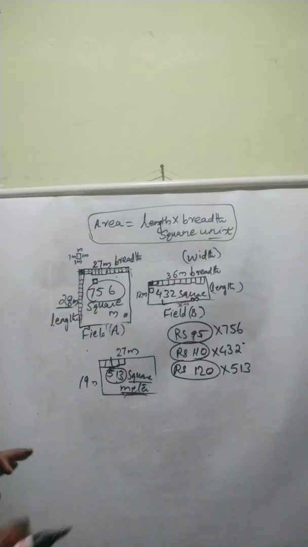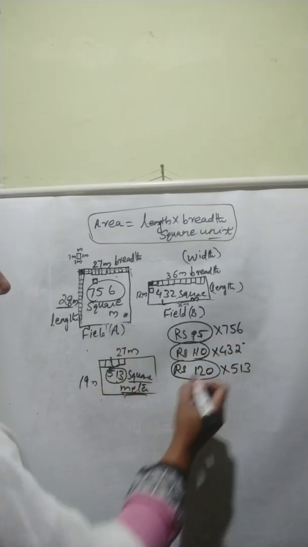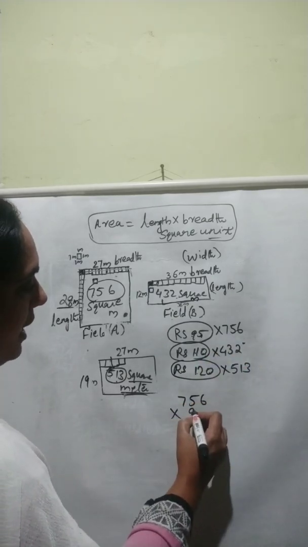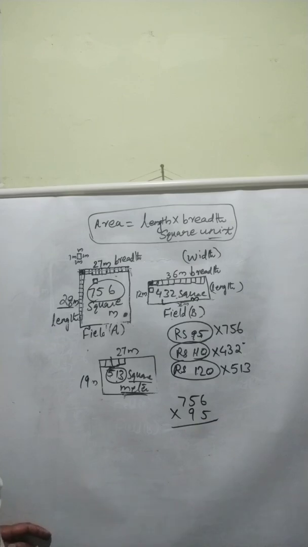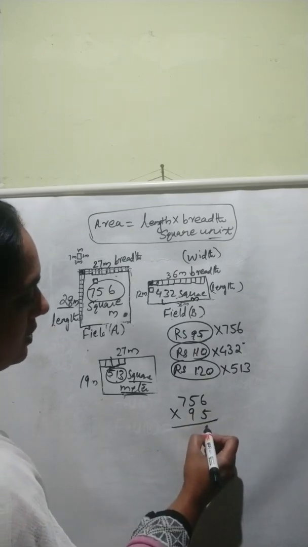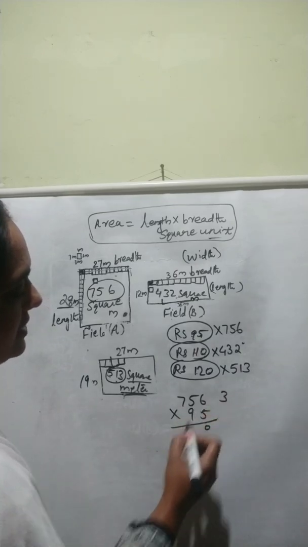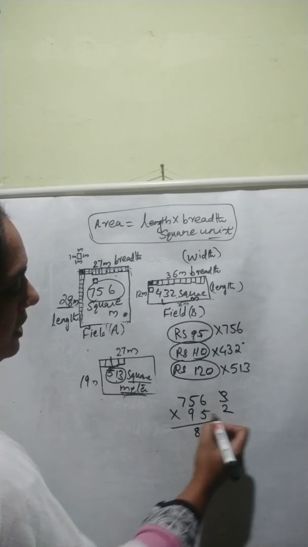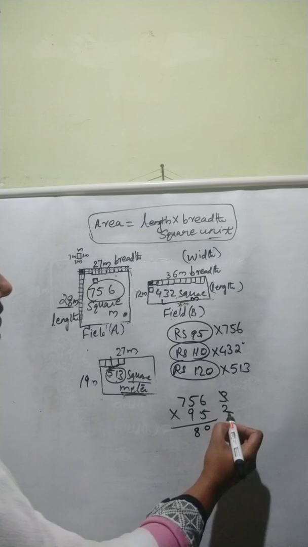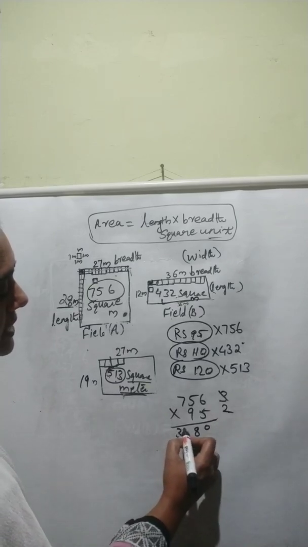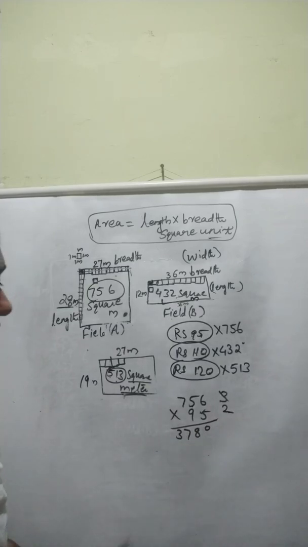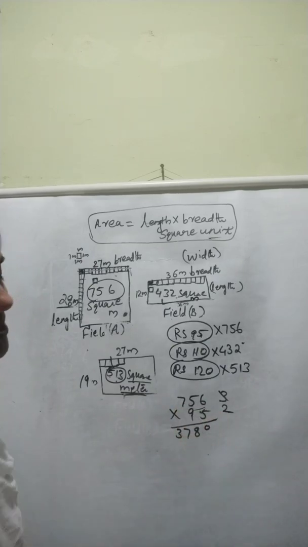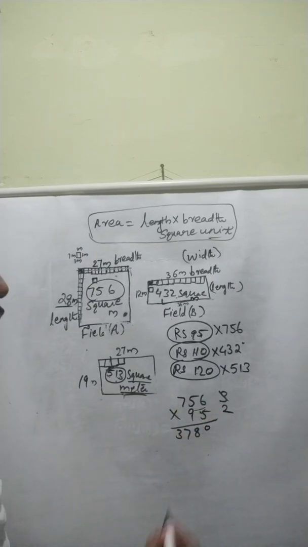Now we can find the total cost of field A. How can we find out? 756 multiplied by 95. 6 5s are 30, 3 will be there. 5 5s are 25, 25 plus 3, 28. Then 2 will be there. 7 5s are 35, 35 plus 2, 37. So we completed. Next we multiply this multiplicand with the tens place digit of the multiplier, here it is 9.